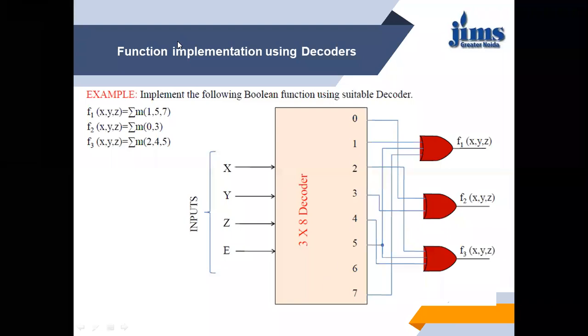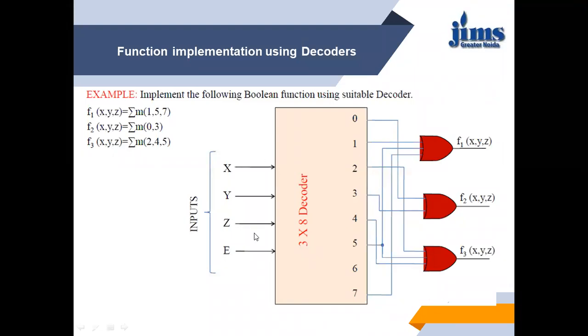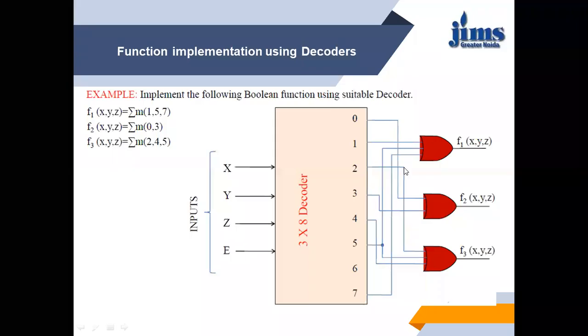X, Y, Z input. We may use an enable, or if it is not desirable, then we need not put an enable line. So F1 is 1, 5, 7, so 1 comes from here, 5 is here, and 7 comes from here. That is F1.